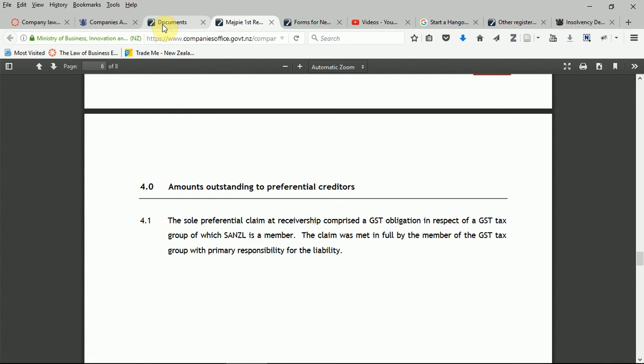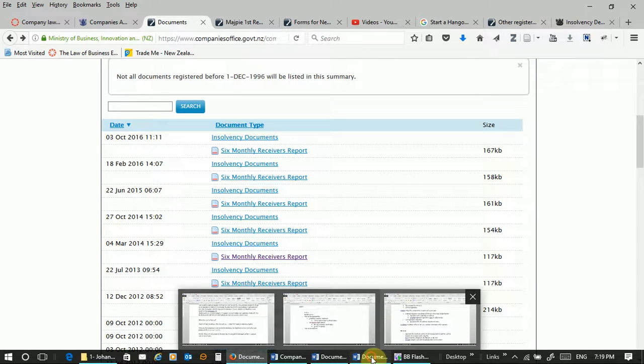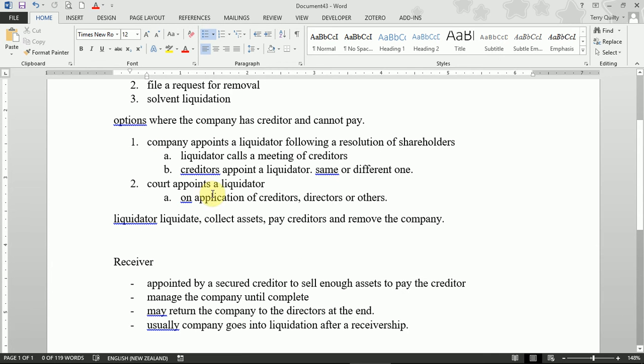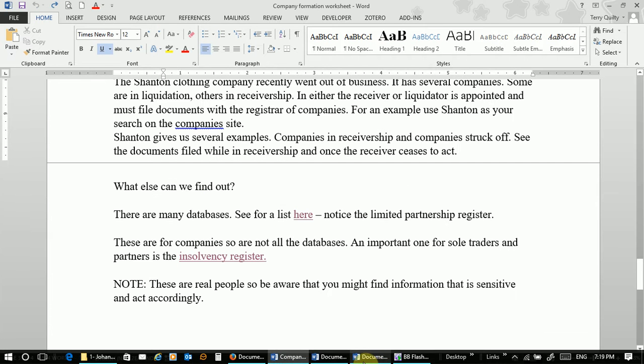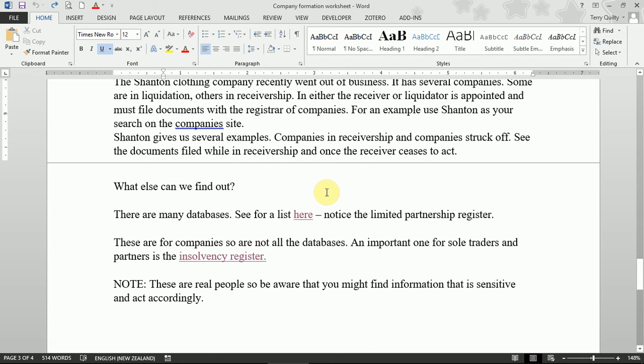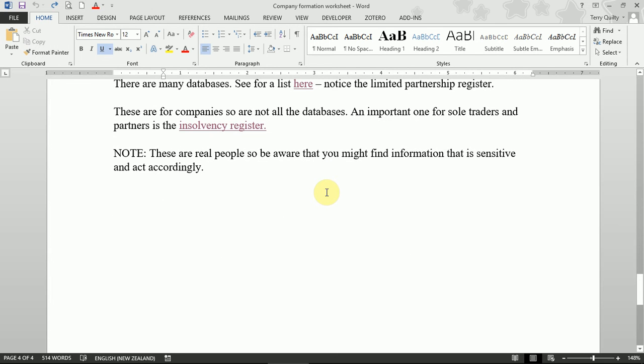Okay, so have a look through these documents. Get a feel for what's in there for both a receiver and liquidator. When you go through this and look at the liquidators, you see exactly the same thing, a set of reports by the liquidator.